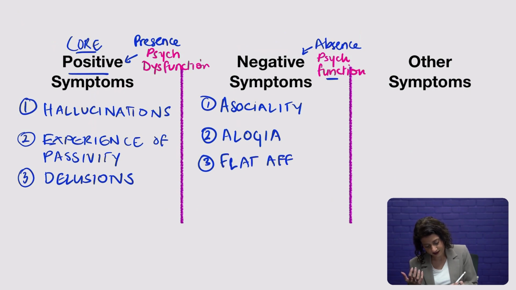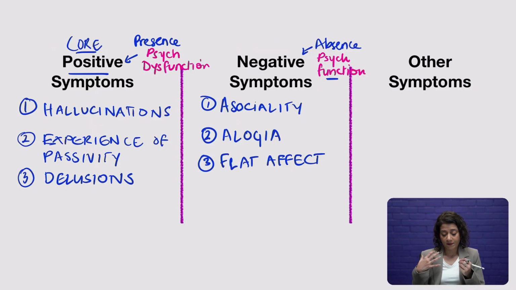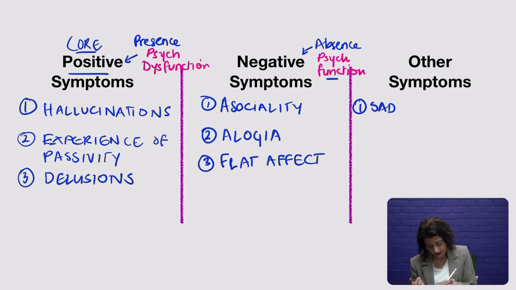Flat affect is the inability to really have any sort of emotional expression the way that a typical person would. If you have schizophrenia, you're not able to. And then some other symptoms which may overlap with other disorders, for example, are sadness and aggression.